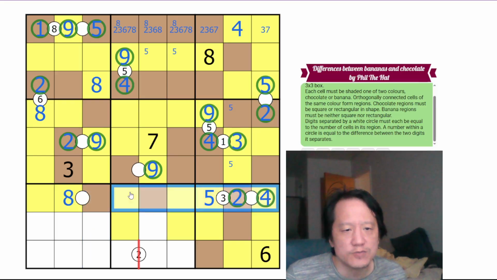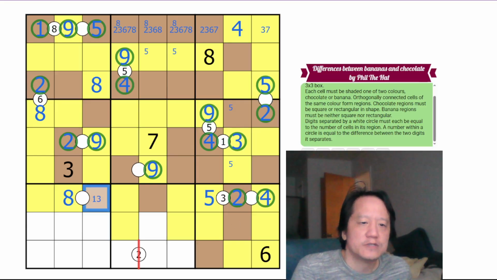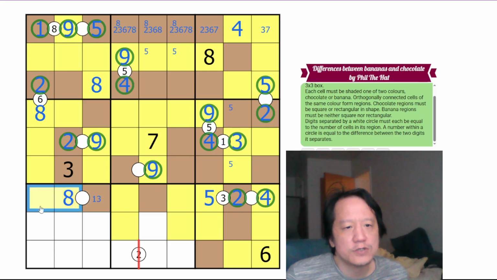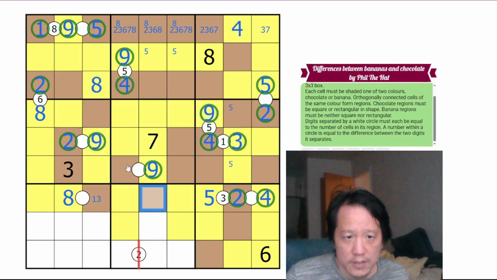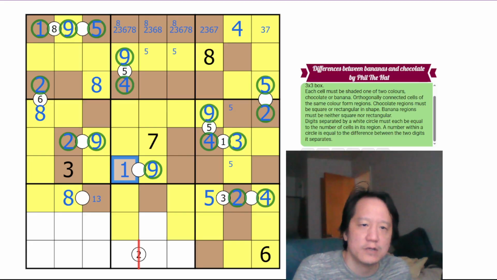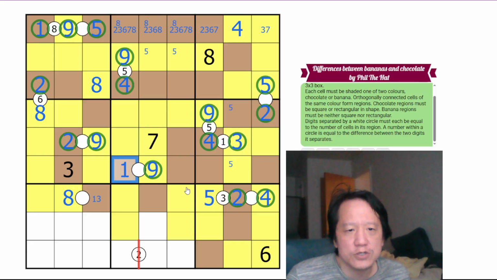Can't be 2 because of 2 in the row. So as a square, okay, so this is 8. We have 2 yellows here somewhere, and then the rest have to be brown next to it. 1, 2, 3, 4, 5, 6, 7, 8, 9. This is size 1 as a chocolate.